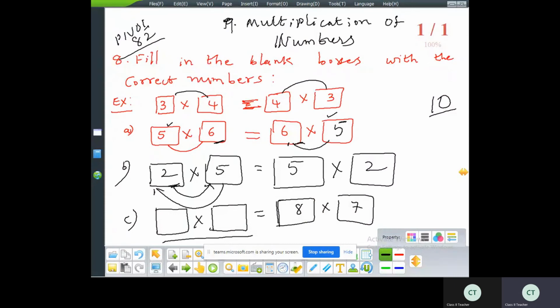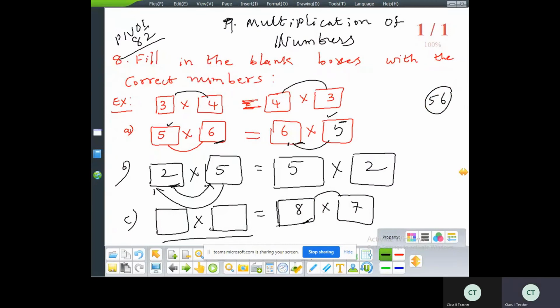Now read 8 table. 8 1s are 8. 8 2s are 16. 8 3s are 24. 8 4s are 32. 8 5s are 40. 8 6s are 48. 8 7s are 56.